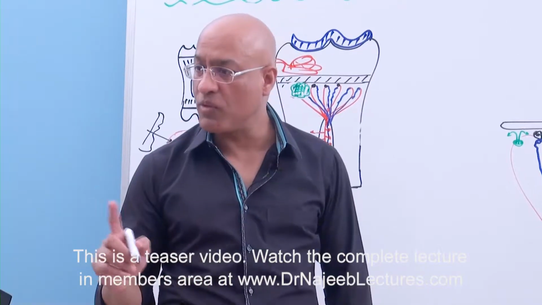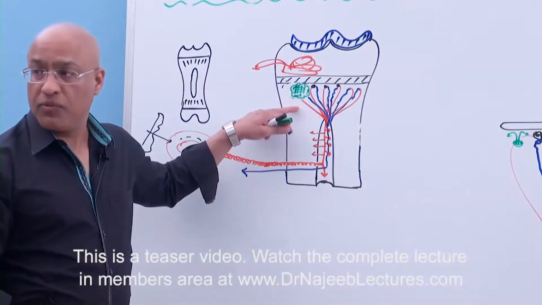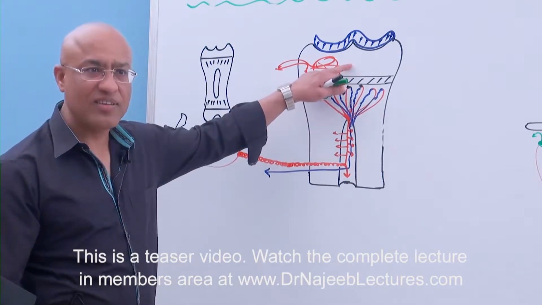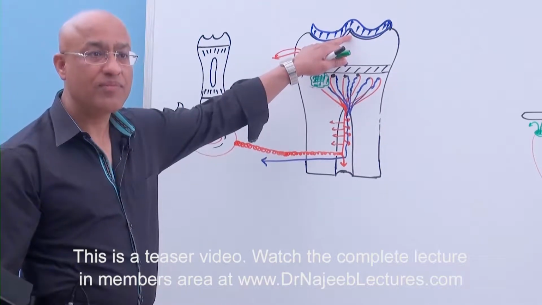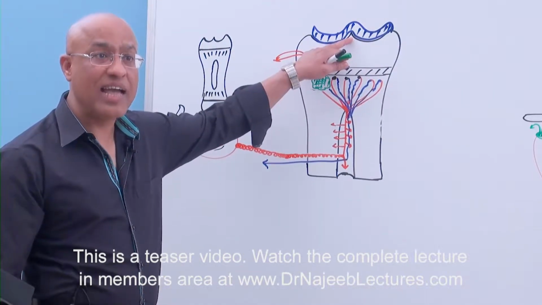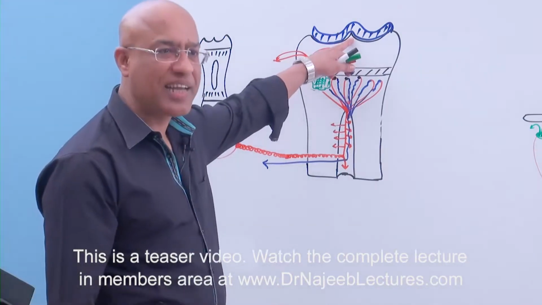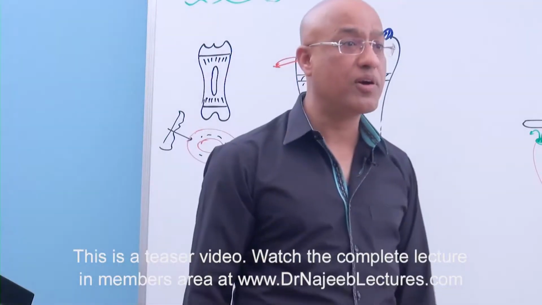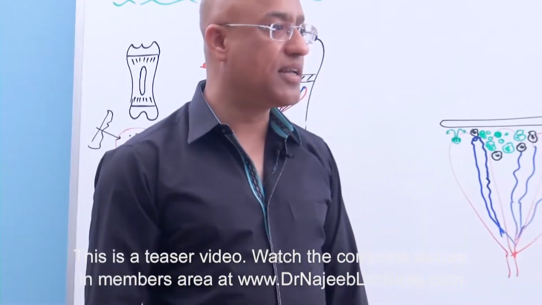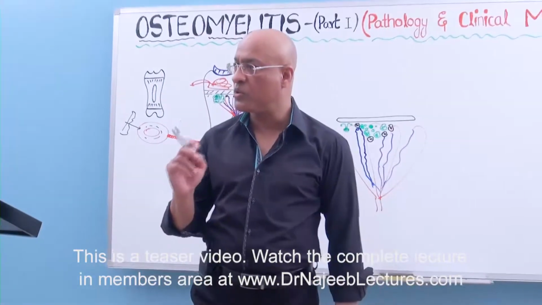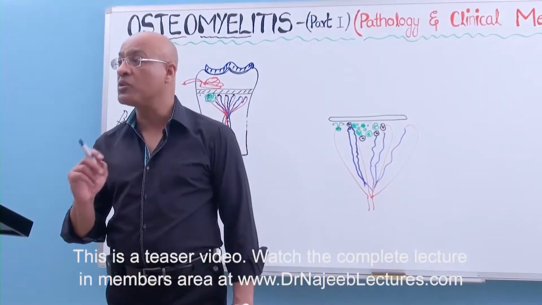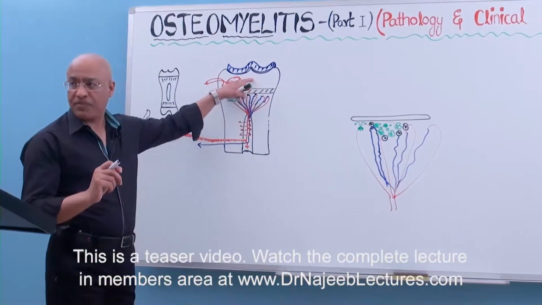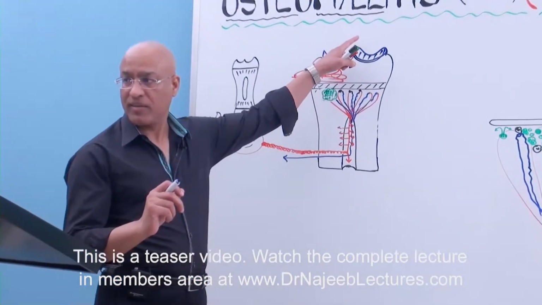It means if children are less than 1 year old, even though infection may start at the metaphysis, it can go to the epiphysis and destroy the articular cartilage and produce suppurative septic arthritis and damage the joint permanently. It's very important to remember that in infants, if there is osteomyelitis, even though it's metaphyseal, you need to treat it very urgently and aggressively. It can spread to the epiphysis and eventually to the joint.